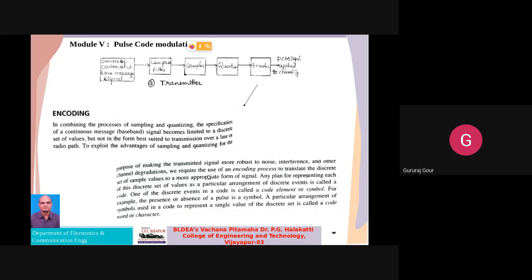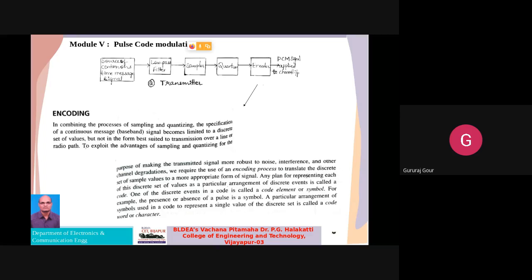This is very important, guys. Try to understand the main concept of coding here. Even though we estimated a nearest value for each sample, that is an analog value, that analog value should be converted to some binary or coding format so that it could be assigned.